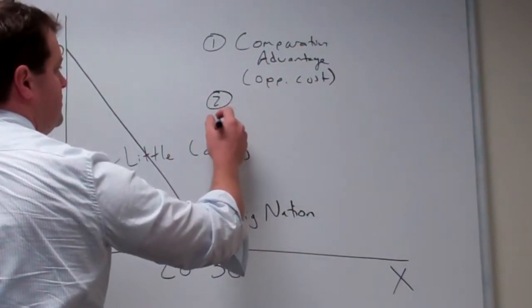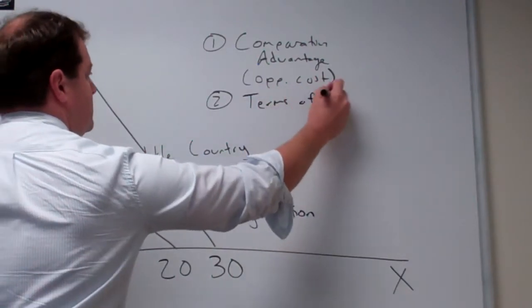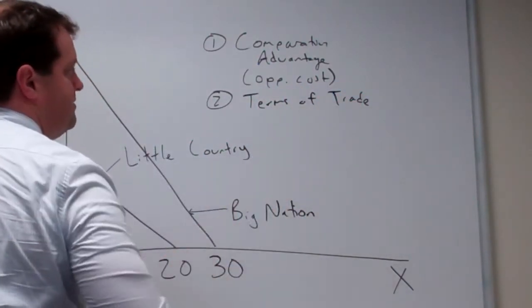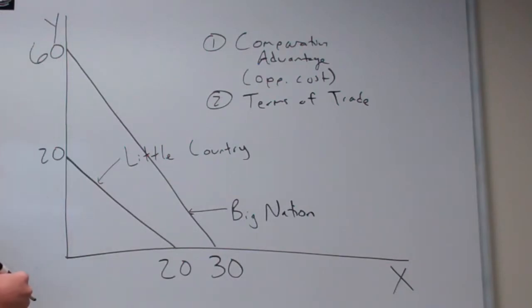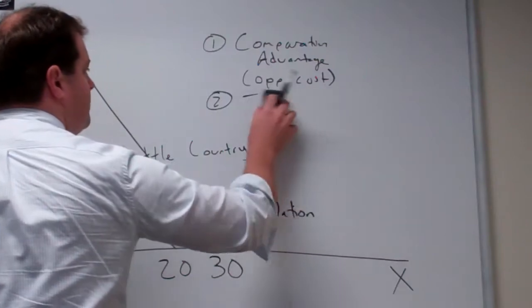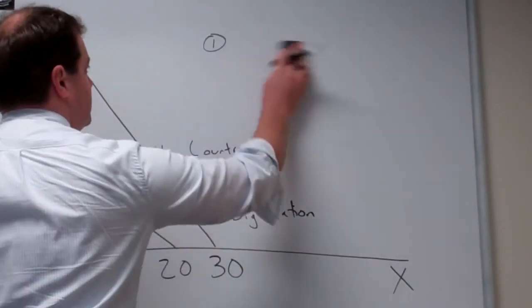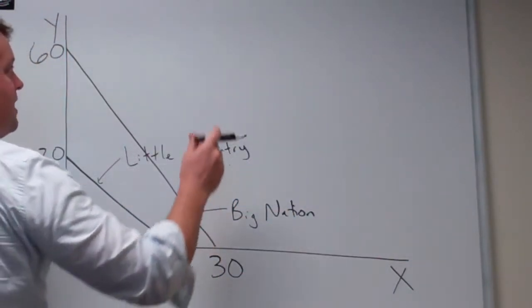The second thing we're going to do then is identify terms of trade that makes both economies better off, because an economy is only going to want to trade with another economy if they can acquire the good at a lower cost by trading. So let's start here with number one, right? We're going to identify this notion of comparative advantage, and we're going to do that by calculating opportunity cost.